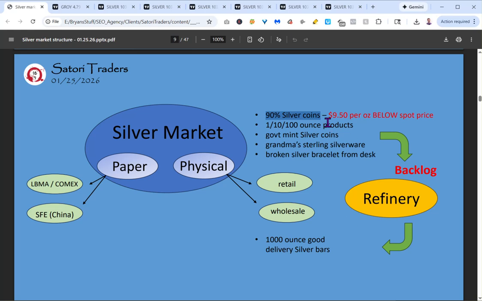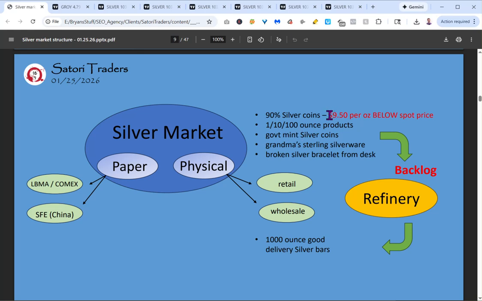And so at the retail level, people are not paying as much. They're not paying the premium at the retail level because there's already a backlog in the pathway. Currently, according to Franklin Sanders, the premium, it's actually a discount in this case, on 90% silver is almost $10 per ounce below spot. I'm not misspeaking. I'm not saying that accidentally.